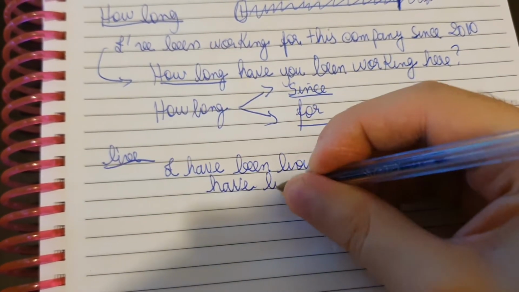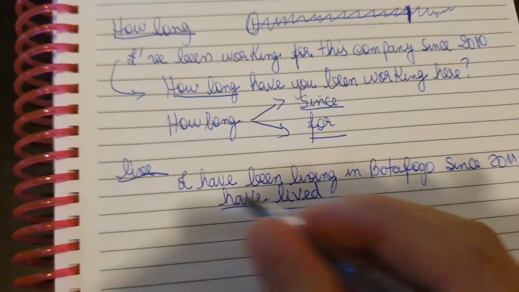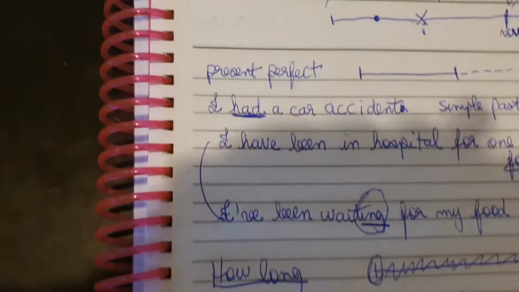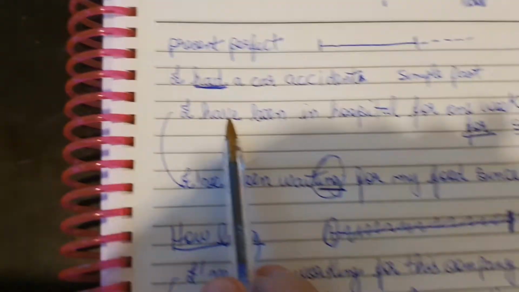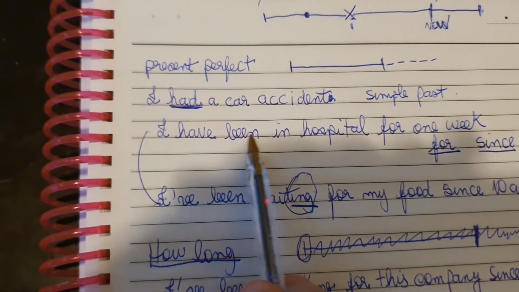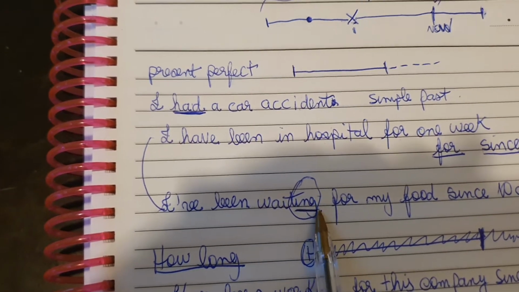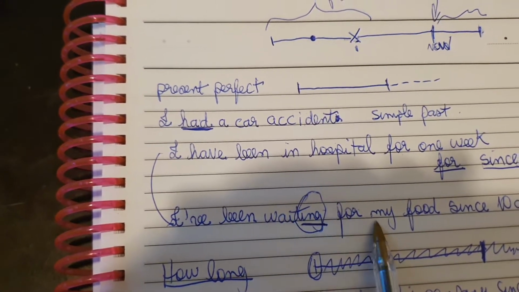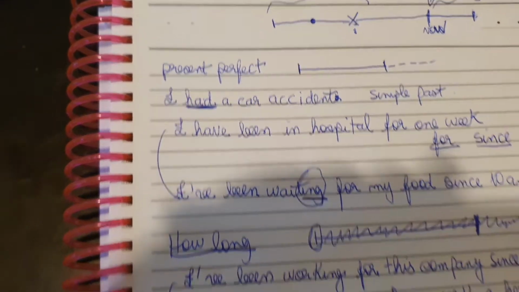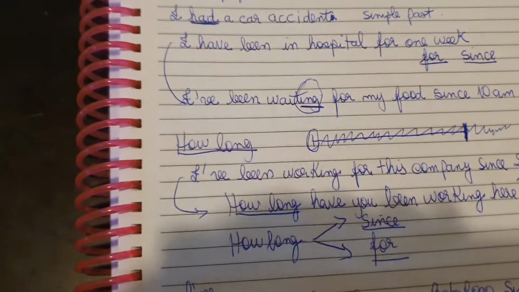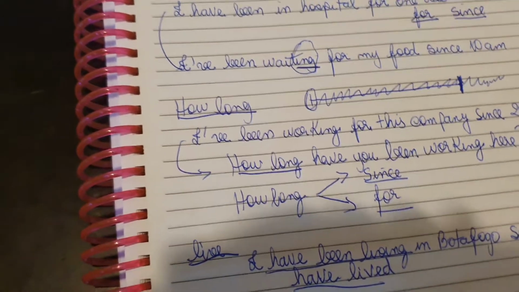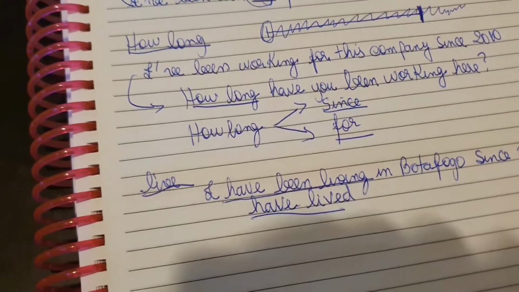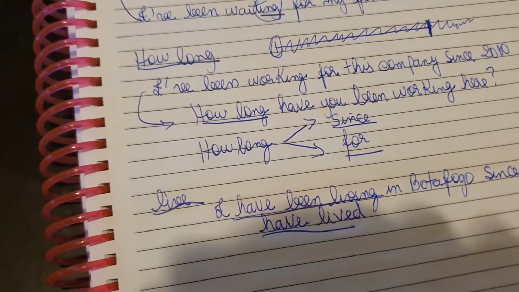I have lived is also correct, okay? I have been living or I have lived. It's the same thing. Remember here? I have been waiting. It's possible to change the verb tense here. It's no problem, because these verbs on some occasions are interchangeable. You can change and use, there's no problem.